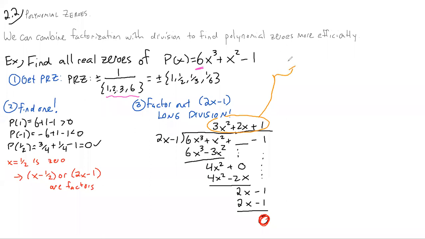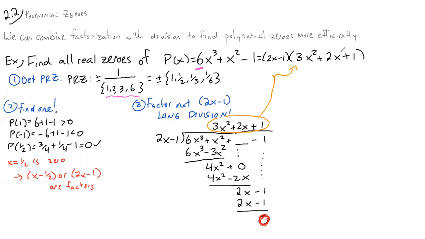So when I factor out the 2x minus 1, what I end up getting is 3x squared plus 2x plus 1. Now I've got a quadratic, so I'm in pretty good shape now.